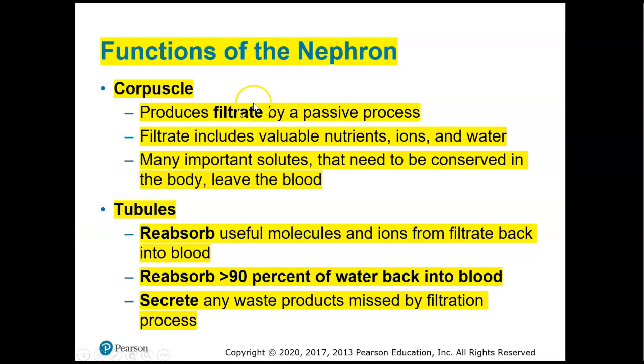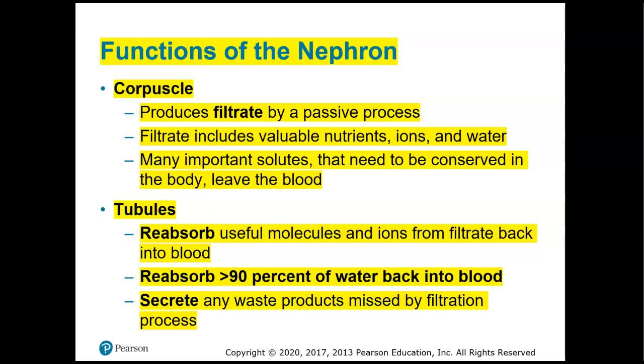Okay, functions of the nephron. At the renal corpuscle, the function is filtration. The renal corpuscle produces filtrate. It is a passive process that's basically powered by blood pressure. The filtrate includes valuable nutrients that we will actually want to take back into our blood at some point.